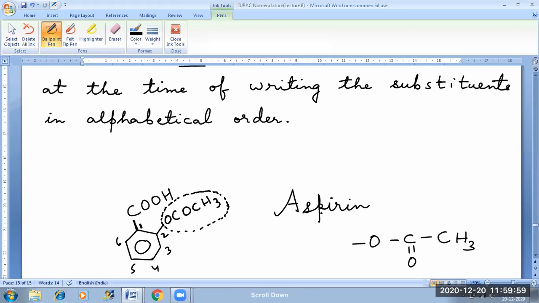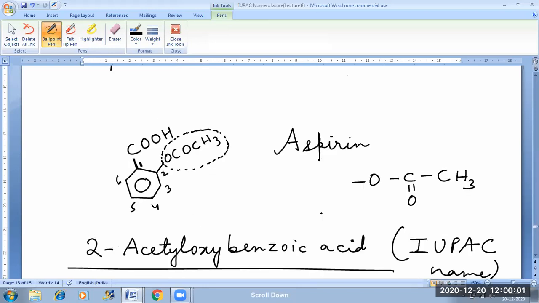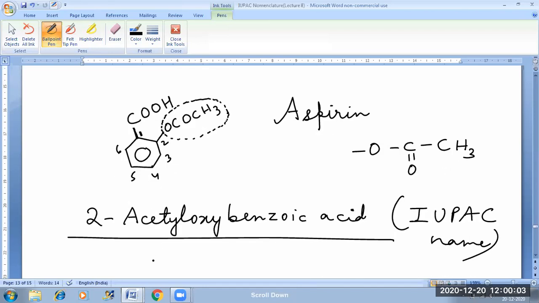We need to know the prefix for that. I showed you the prefix. The prefix will be acetyl oxy, and the name of this compound will be 2-acetyl oxybenzoic acid. This is the IUPAC name. Aspirin is the common name of this compound.